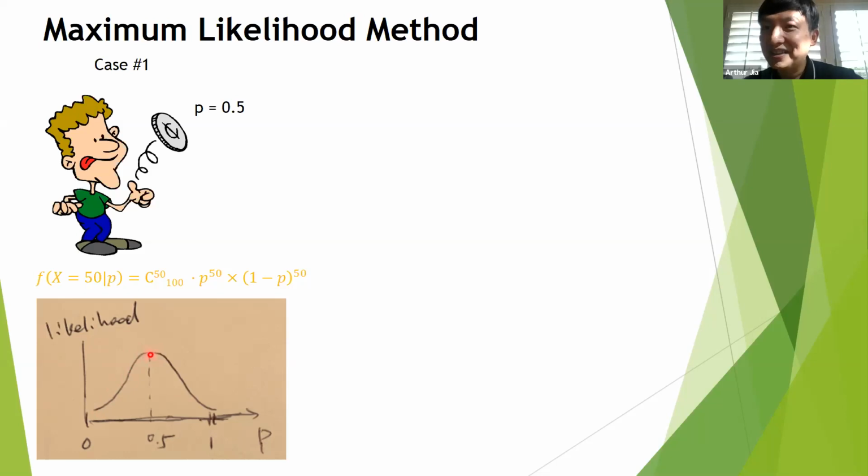So if you take the first derivative of this likelihood function, you can find the unique p-value which makes the slope equal to 0. And here is the place where the estimate of the p-value, in this case 0.5, will give you the maximum likelihood value. Does that make sense?